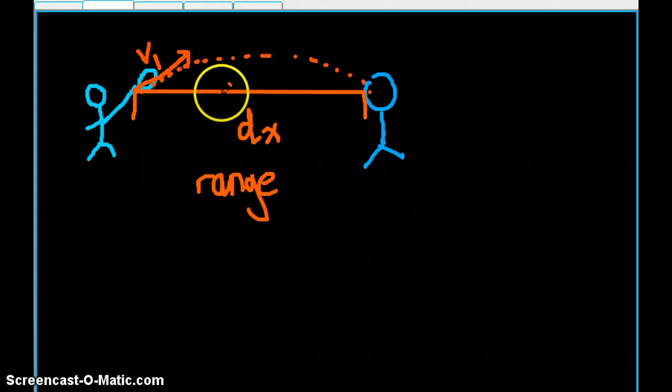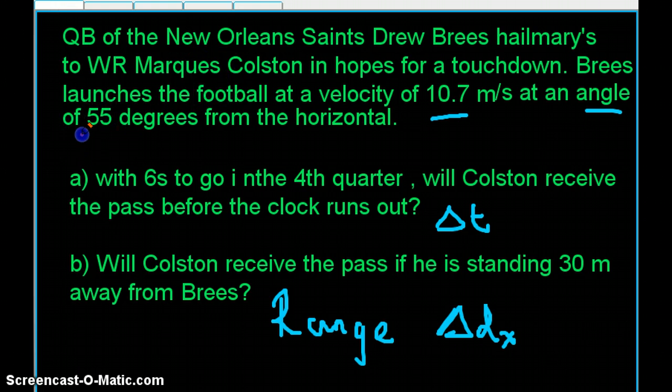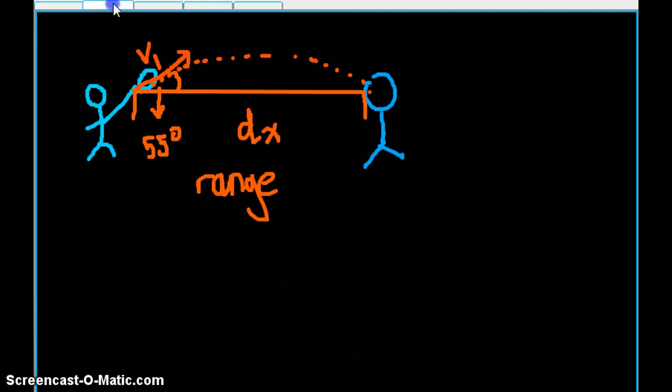So this is your diagram right here. And also, another piece of given information, we know that this angle right here is 55. And again, I'm just getting that from here. So he launches it at a velocity of 10.7 meters per second at an angle of 55 degrees. So I really should write 10.7 here, meters per second.